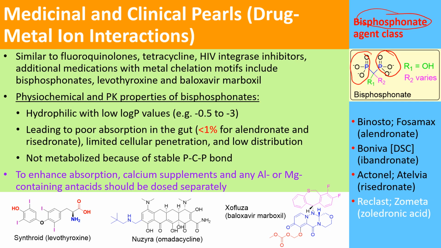This class of medication is commonly used for the prevention and treatment of osteoporosis in postmenopausal women, along with some other approved indications. If we look at their general chemical structure, due to these 2 phosphonates, the physicochemical properties and pharmacokinetic profiles of bisphosphonates are that these are hydrophilic drug molecules with low log P values, for example, -0.5 to -3.